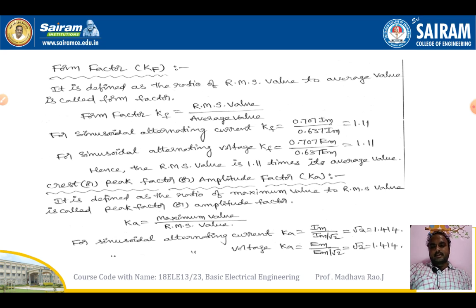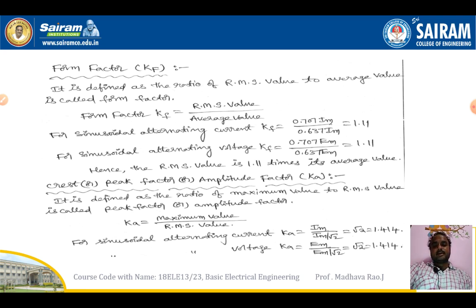Form factor is defined as the ratio of the RMS value to the average value. Form factor Kf is equal to RMS value by average value. For an alternating current waveform, 0.707 Im by 0.637 Im is equal to 1.11.